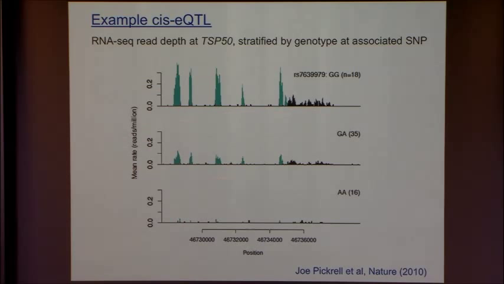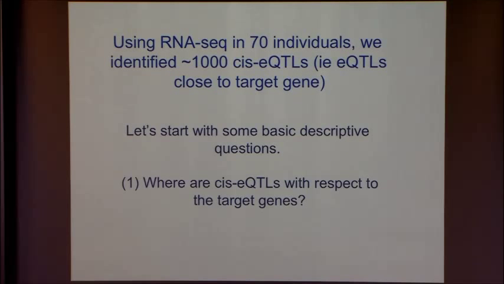The three lines here show the data stratified according to genotype at a particular SNP in this region. If you've got the GG genotype, then you've got this gene turned on. If you've got the AA genotype, then this gene is basically turned off. We'd like to understand more about how a SNP like this, or a SNP that it's in LD with, actually acts. From that study, we identified about 1,000 cis-eQTLs.